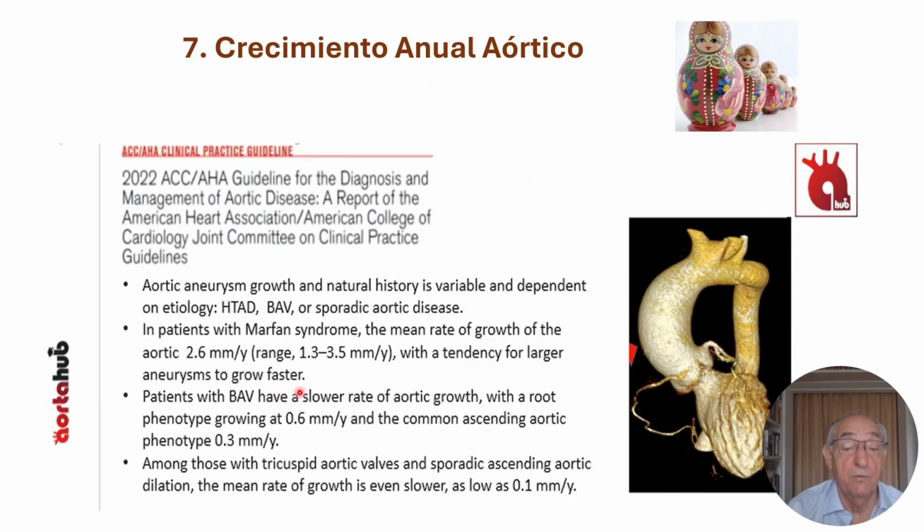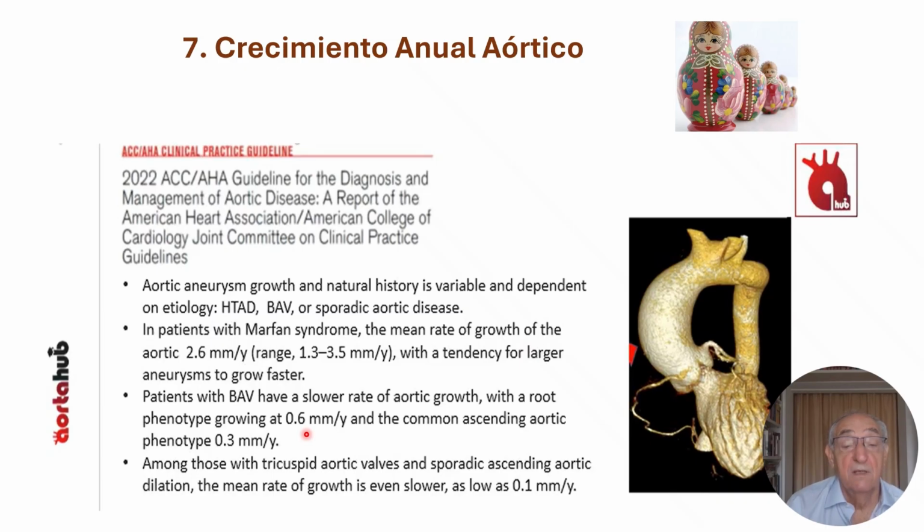The same as in bicuspid, for which the bicuspid grows a maximum of 0.5 and sometimes does not exceed 0.3, depending also a little on the dilation. The more dilated, the more it tends to dilate, but these diameters are clearly lower than the guidelines. So this is important information to consider.